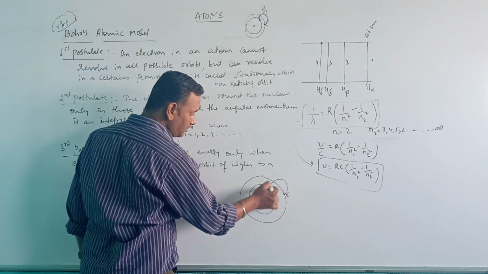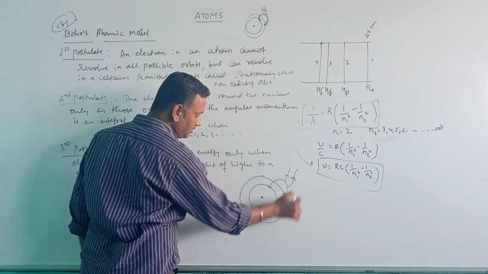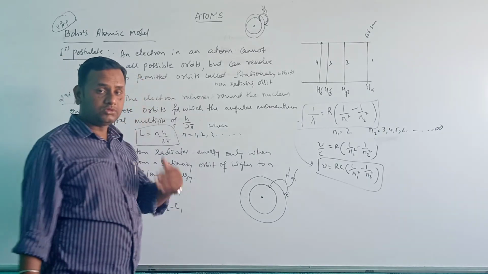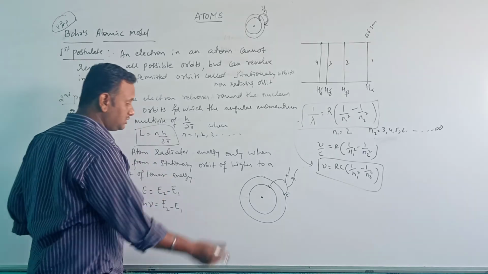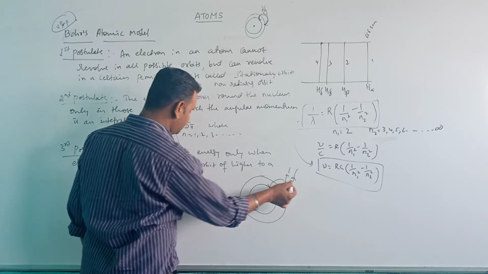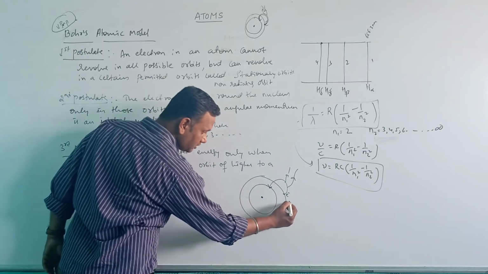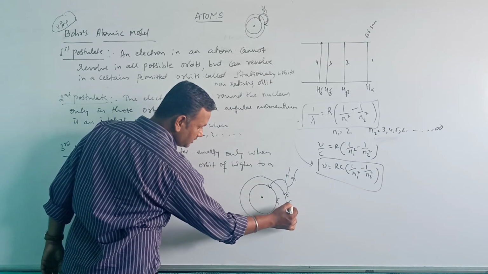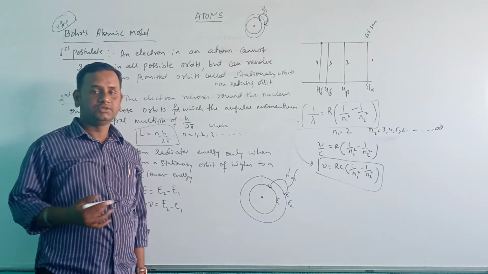During this jump it emits radiation in the form of photons, and the photon energy is always equal to the difference between the energy levels, E1 and E2, initial and final.